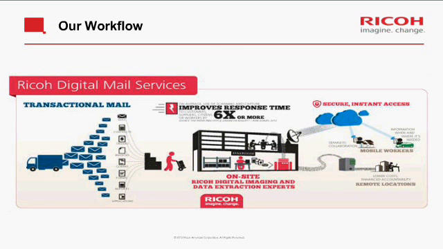Where this service differs a little bit, or basically it's an extension of our traditional mail services, is that we're now taking the transactional information, we're opening up the mail, and we're scanning it, and we're delivering it to folks electronically. And we're able to give secure and instant access to this information to clients.